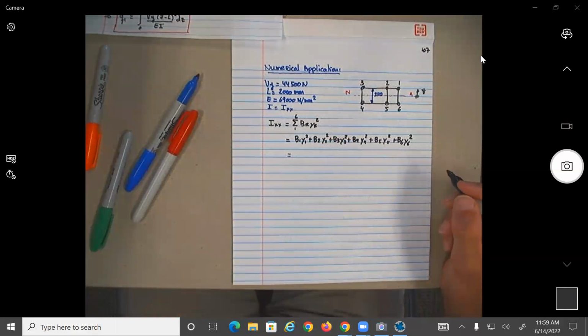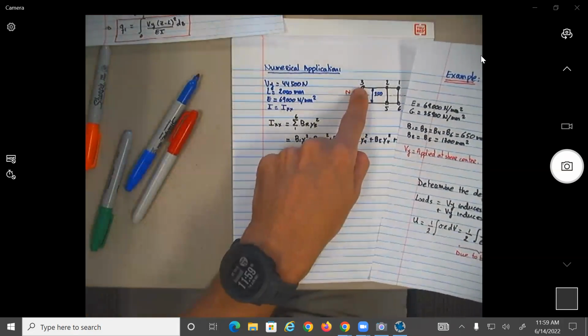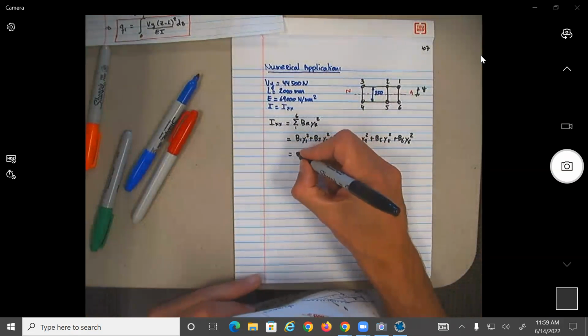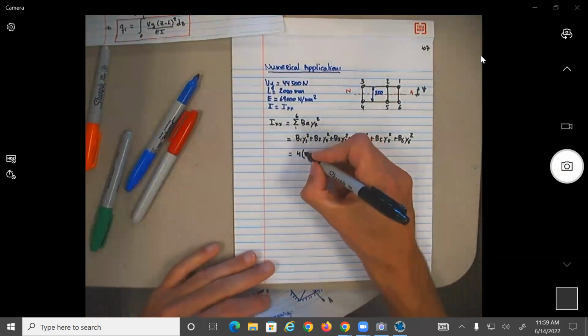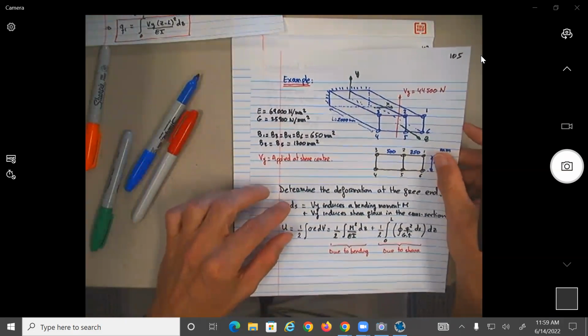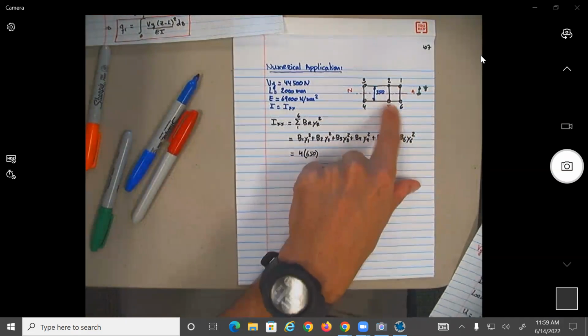So let's see, this should be equal to what? So what was B1? We have B1 equal B3 equal B4 equal B6. So we can have 4. What is the value for B1, B3, B4, B6? It is 650. What is the distance between 1, 2, 3, 4, 5, 6 and the neutral axis?